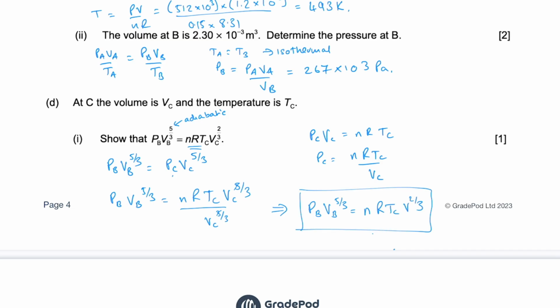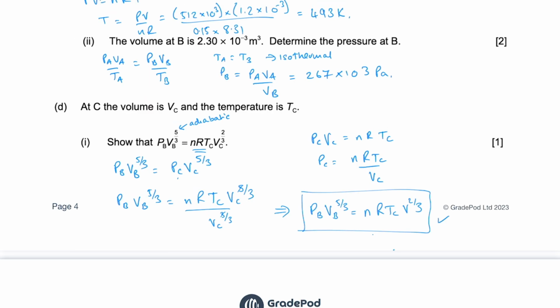Does that match the expression up there? Yes, it does. Can I tell you that this substitution is quite common for you to be able to use and come up with an expression like that? It will allow you to find the temperature of a gas undergoing an adiabatic expansion or adiabatic compression.